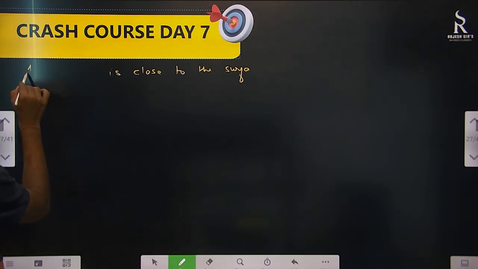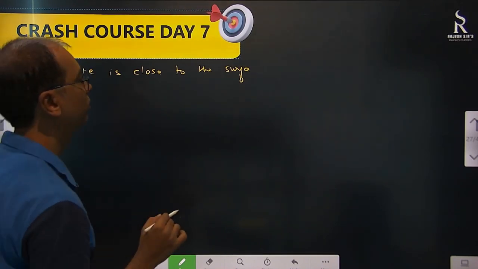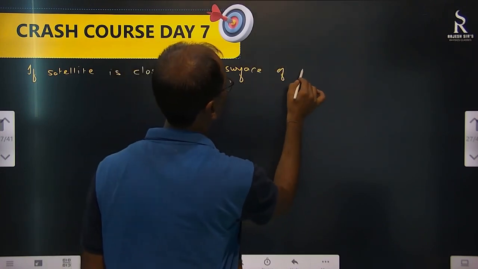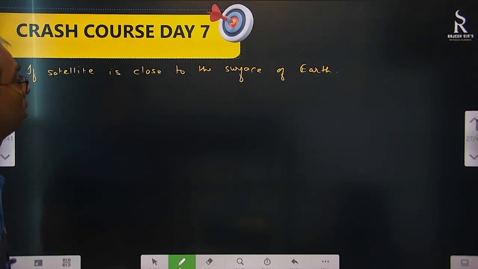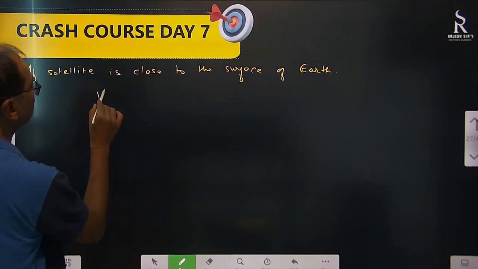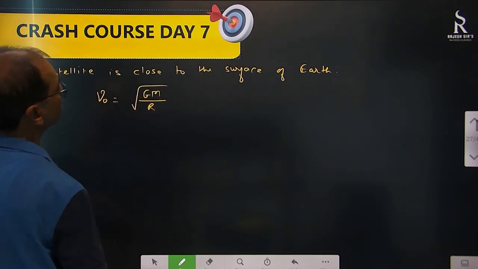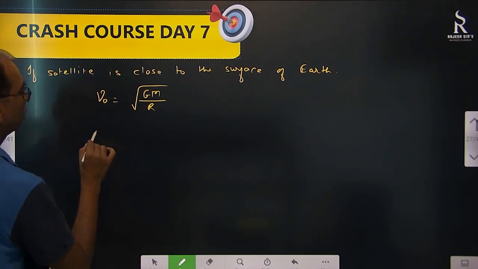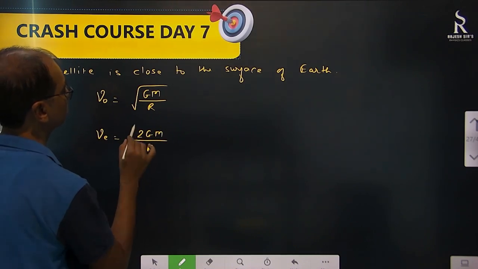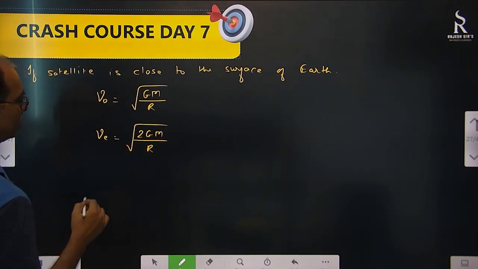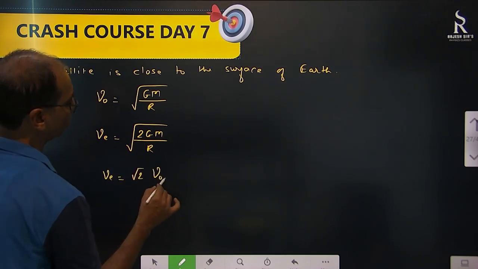Polar satellites used to be closer to the surface. In that case, what is the orbital velocity? You can write it as root GM by r. In this case alone. And escape velocity is root 2GM by r. So there is a relation between them. What is that? Ve is equal to root 2 times orbital velocity.